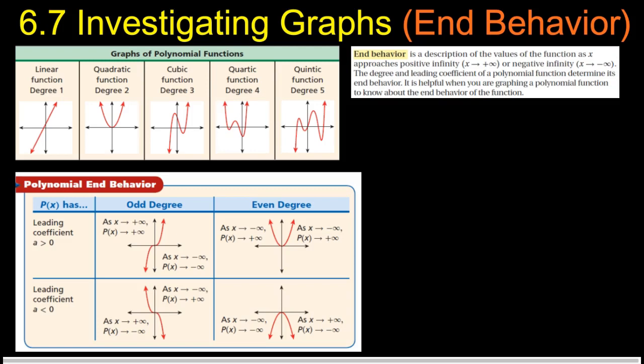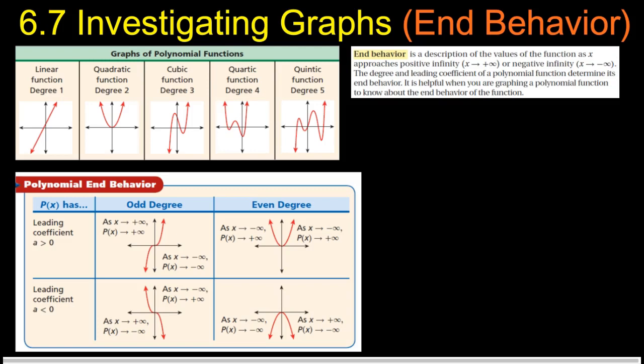And you will see, if you look at them closely, in relation to the degree and the end behavior, there's a pattern there, okay? And if you read the little snippet on end behavior here, I'll just read it. End behavior is a description of the values of the function as x approaches positive infinity.